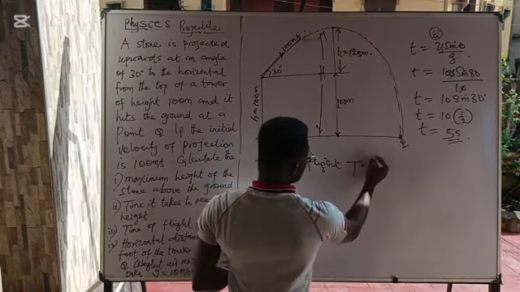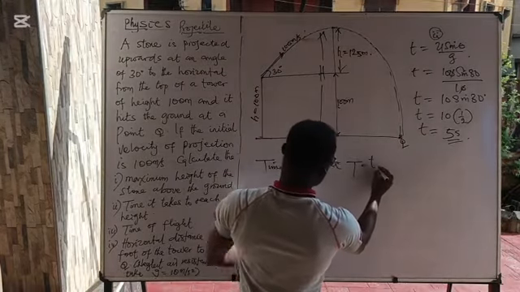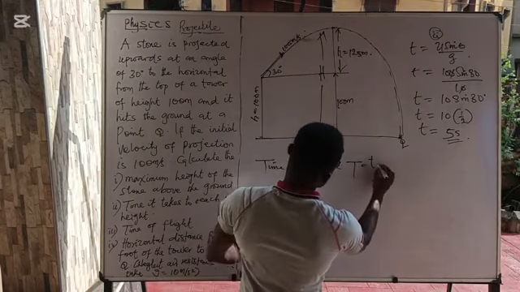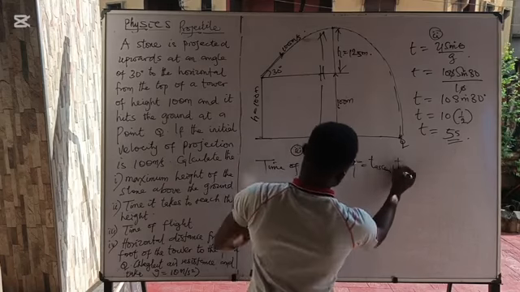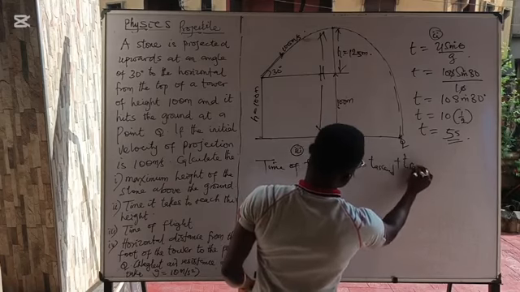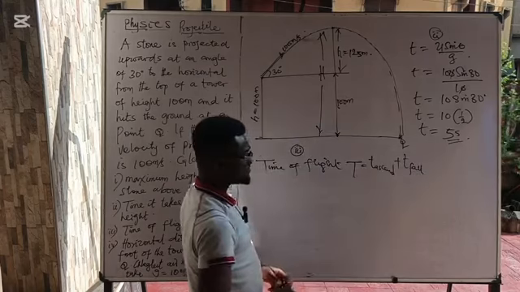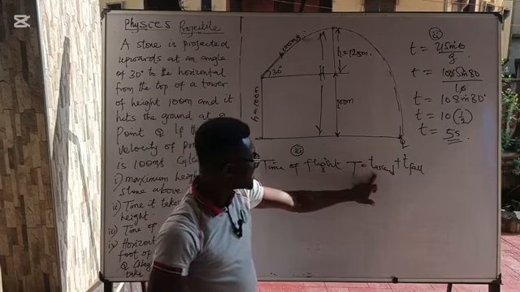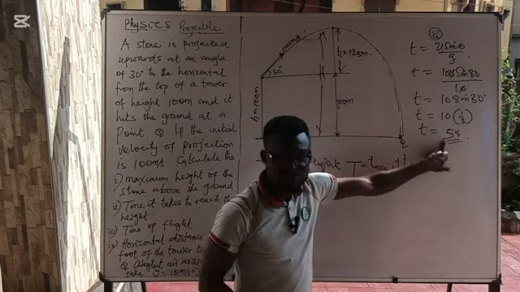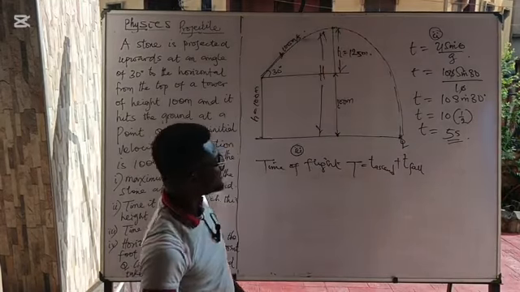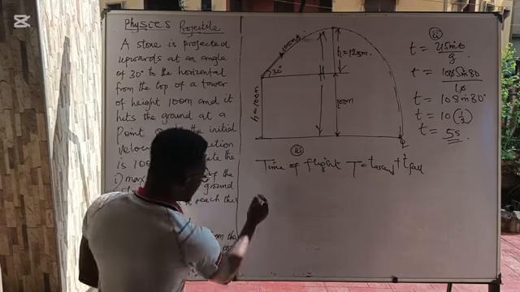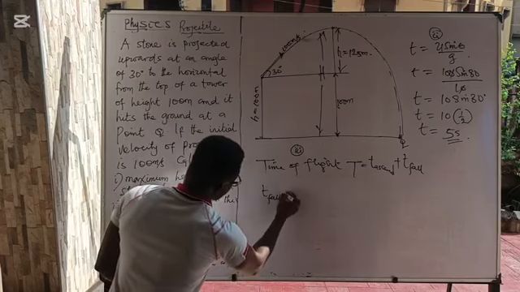So we take it as time taken to ascend that very point, plus time taken to fall from that very level. So we've got the ascending time, which is 5 seconds, right? Now let's get the time it takes to fall from that very height.